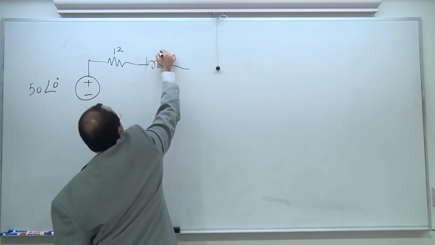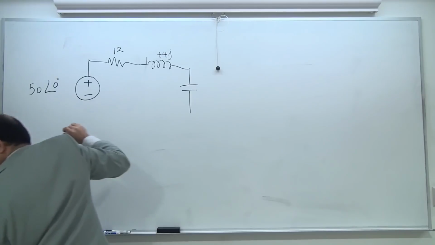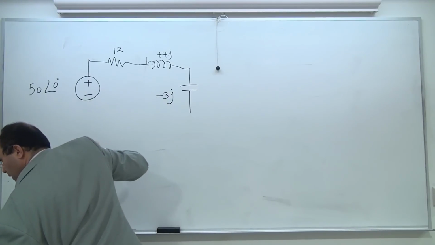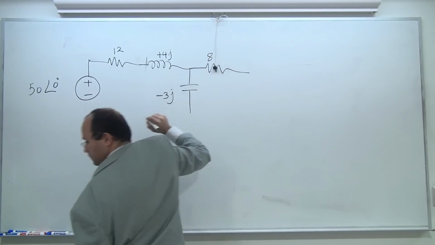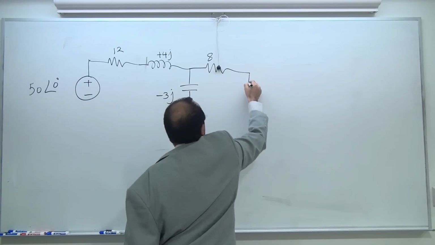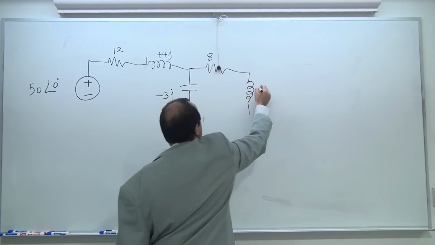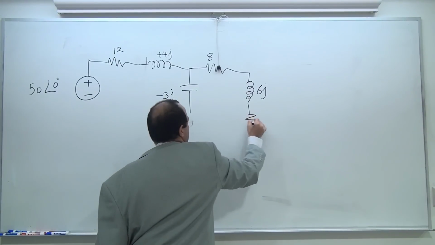No, this is plus 4j because the inductor is supposed to be positive. This is minus 3j, that makes sense. Capacitor is supposed to be negative. This is 8. This is going to be inductor again, 6j, and then 8 ohm.